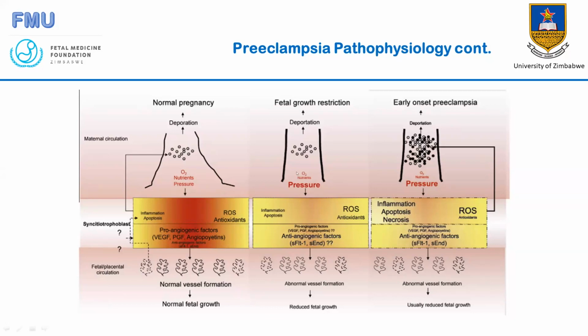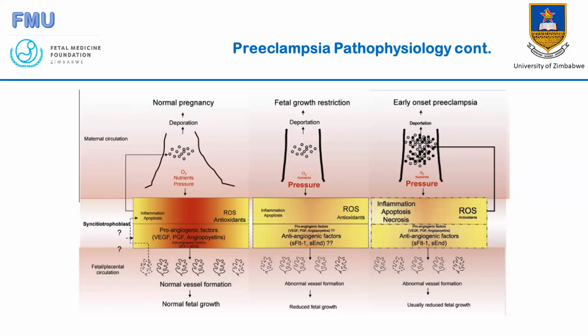However, when we've got an increase in sFlt and soluble endoglin, there is an increase in oxidative stress, which can result in abnormal vessel formation and reduced growth.